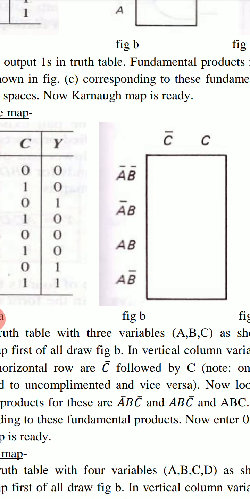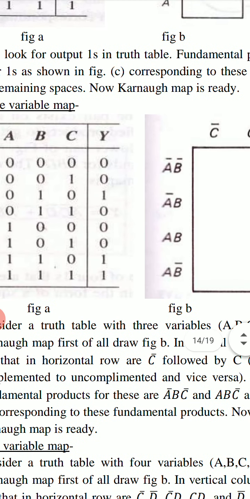On the left side, in the form of a column, we write A bar B bar, A bar B, A B, A B bar. Remember this order. We have to write in this order. And on the upper side, we write as a row C bar, C.